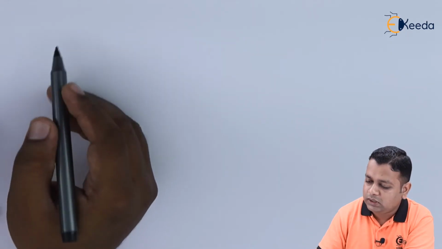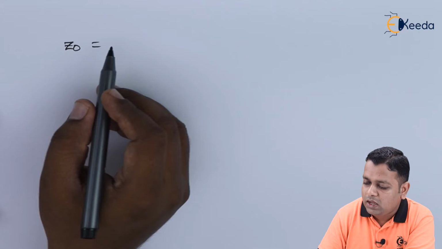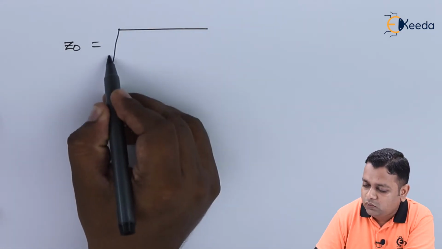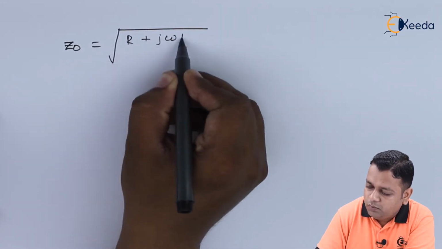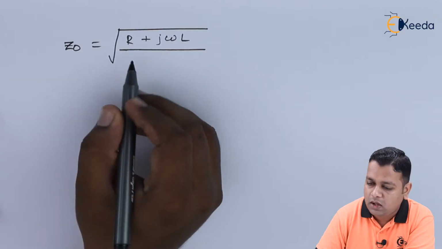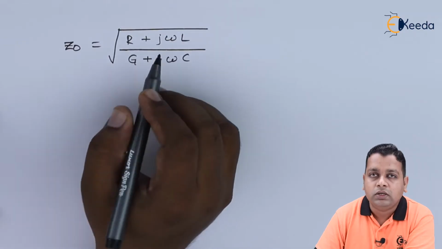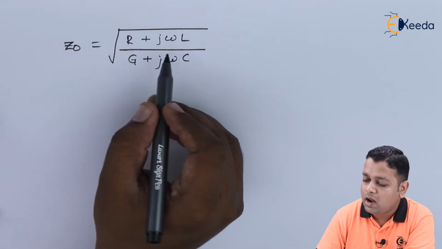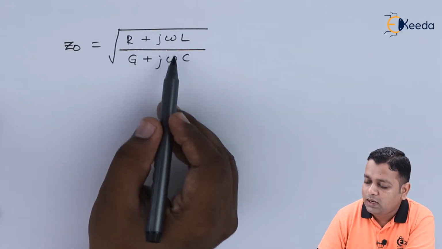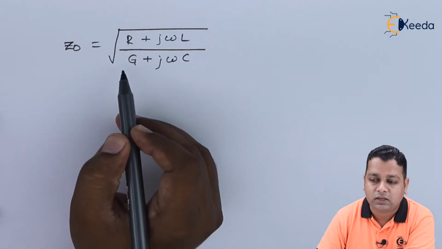We express the characteristic impedance Z0 in terms of these lumped elements, and the formulation is the square root of, in the numerator, capital R plus j omega L, and in the denominator, capital G added with j omega C. In both the numerator and the denominator under the square root we have a real and an imaginary part. L and C constitute the imaginary part, whereas R and G constitute the real part.